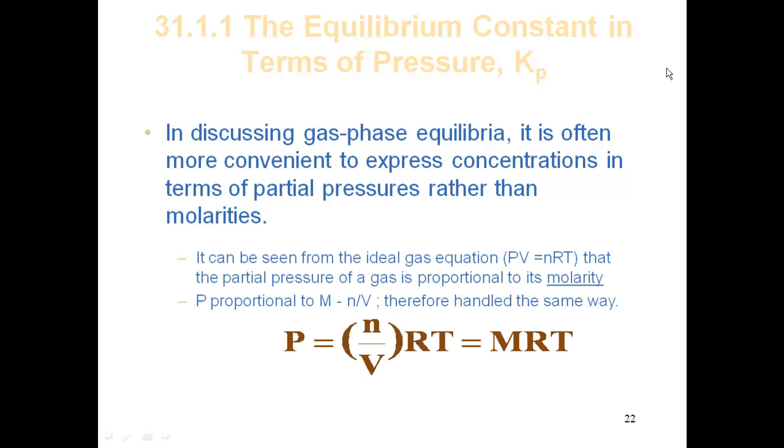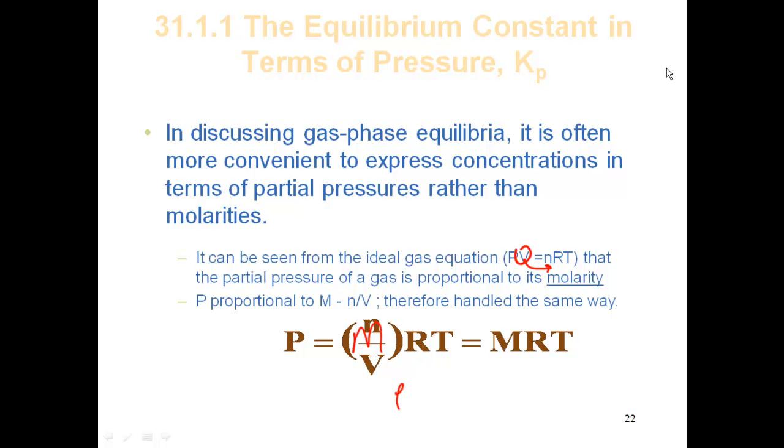It can be seen from the ideal gas law, if you recall, PV equals nRT, that the partial pressure of a gas is proportional to the molarity. I'll take this V from my PV equals nRT and bring it down, which now gives me P equals n over V times RT. Well, what's n over V? n is moles, and V is volume. That's molarity. So this is the same thing as saying P equals MRT.